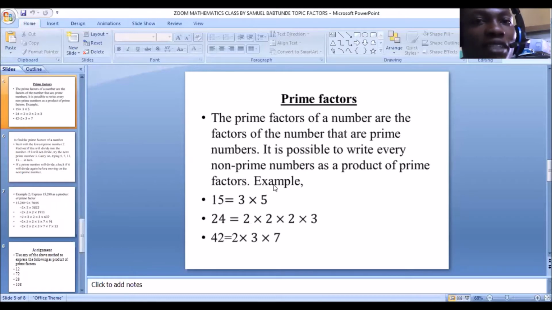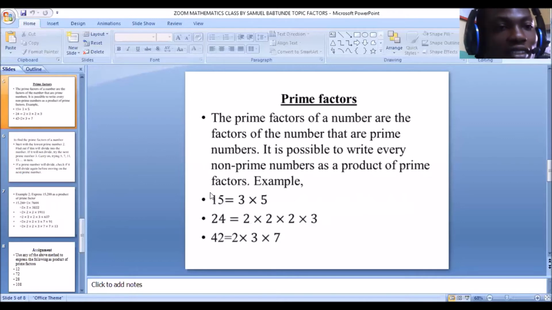Then prime numbers are numbers that can only be divided by itself and 1, meaning they have only 2 factors. Now combining these two, we have prime factors. So what are prime factors? The prime factors of a number are the factors of the number that are prime numbers. Now what do I mean?